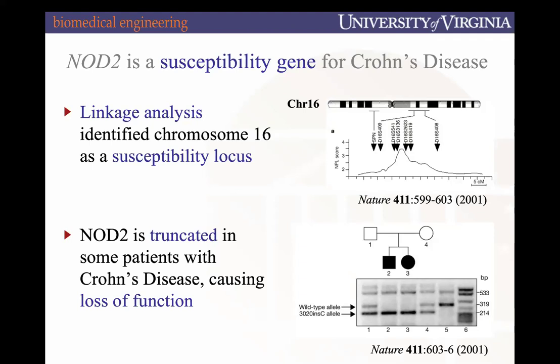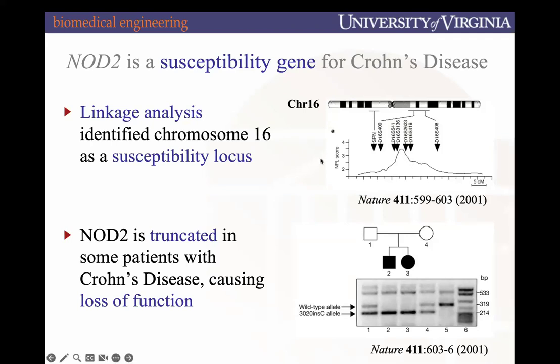And so this one study identified chromosome 16 as what's called a susceptibility locus. Locus just means specific spot in our DNA or within our genome. And so it identified that specific spot, chromosome 16, especially based on this graphic here, the peaks are where the susceptibility locus was highest, or the linkage analysis was highest.